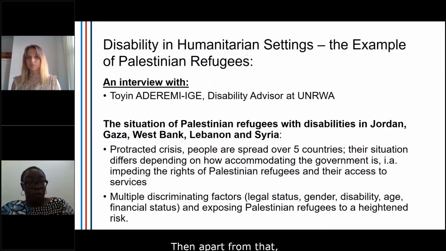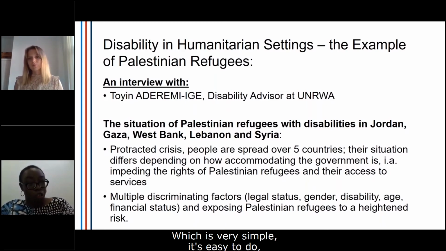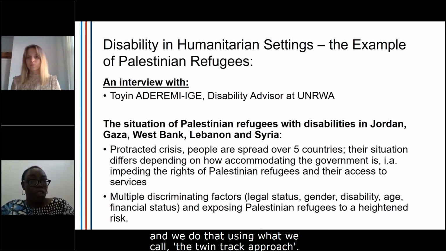Then apart from that, we should make sure that the basic services that we provide to refugees are accessible to those with disabilities. We can achieve this by, first of all, identifying the barriers in our service provision, in our programming. We identify the barriers and we remove those barriers, which is very simple. It's easy to do. And we do that using what we call the twin track approach.